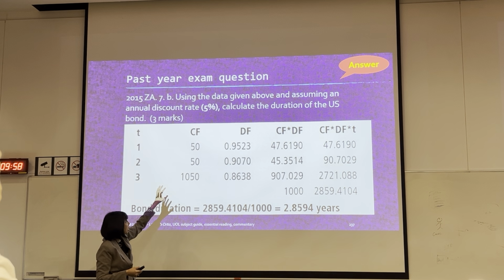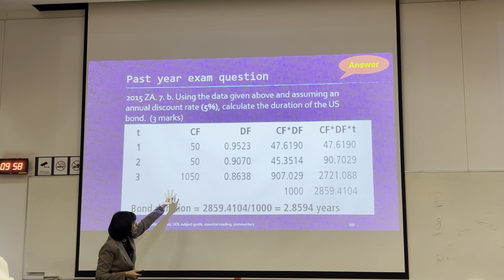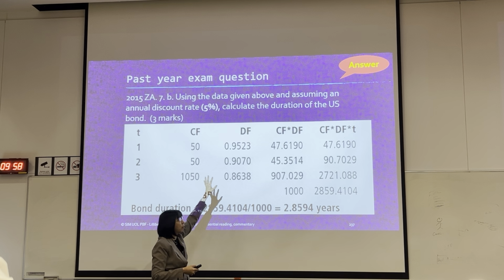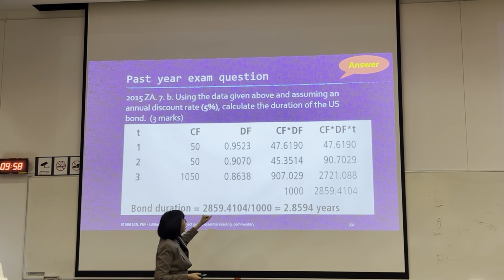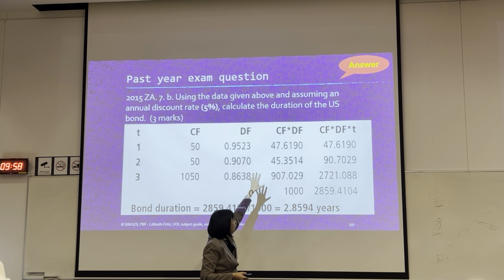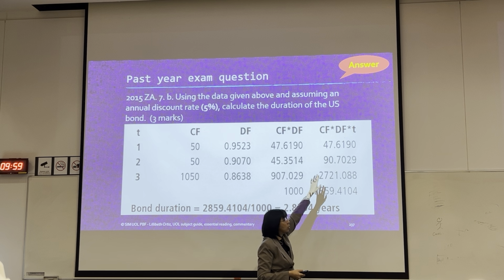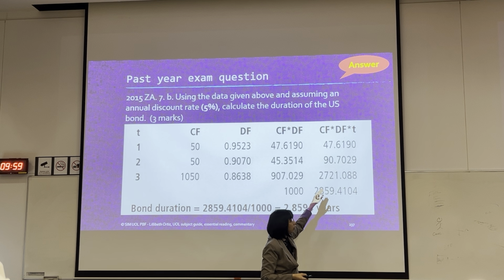So 50, 50, 50 plus the face value. And these are the discount factors, 1 divided by 1.1 to the power of t. So this is t here. And then, of course, these are the present values of the cash flows. Then the present value times t for each one.